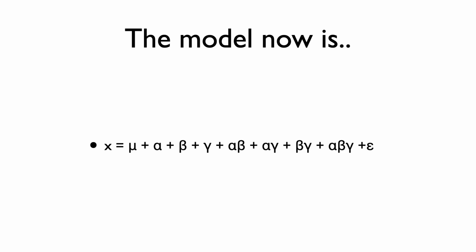Okay, our new model is X equals mu plus alpha plus beta plus gamma plus alpha beta plus alpha gamma plus beta gamma plus alpha beta gamma plus epsilon. You might guess that I've said that before. That's gamma, the Greek kind of g sound. We have a C there: A, B, C. They have A, B, G. What do they know?